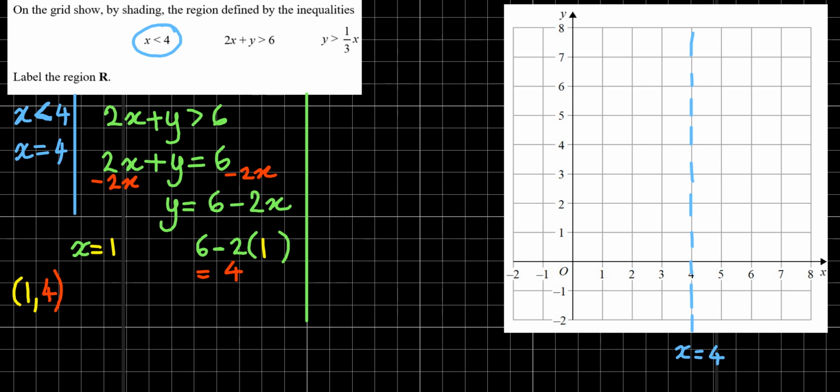Next we write x equals 2. So we would have 6 minus 2 lots of 2, which is 6 minus 4. That would give us 2. So our second coordinate that we can plot is 2, 2.